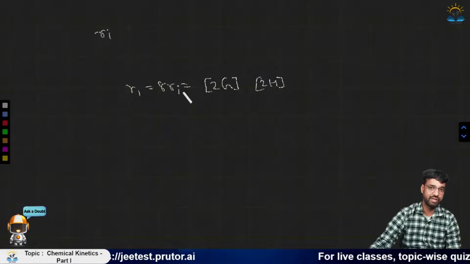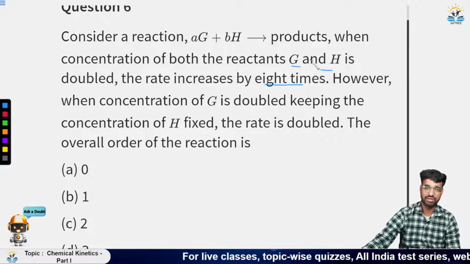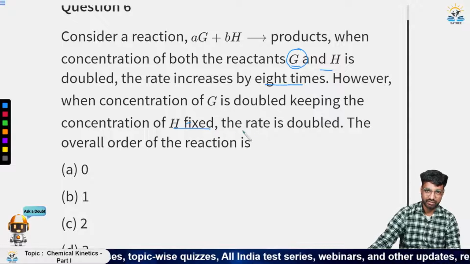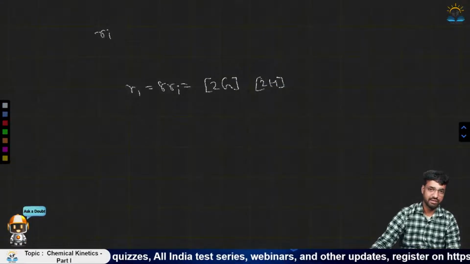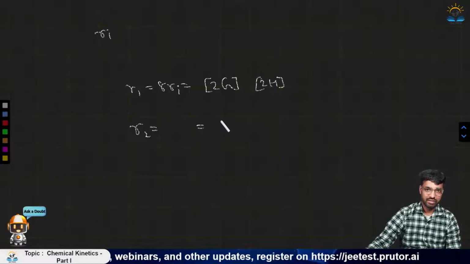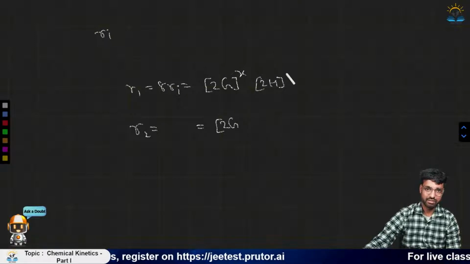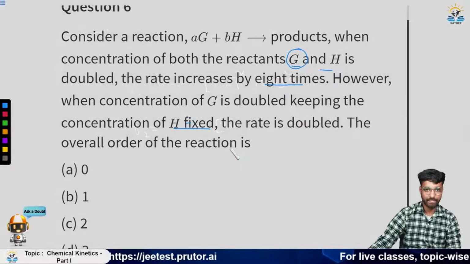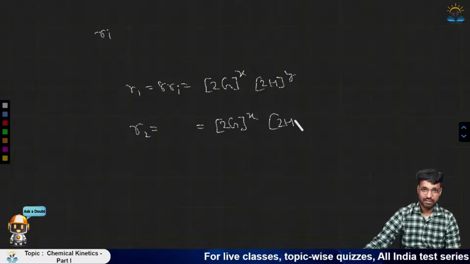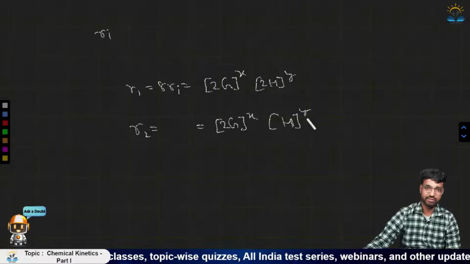Now what is the next statement that is given? It says that however when the concentration of G is doubled, by keeping the concentration of H fixed, the rate is doubled. So it is saying that suppose we take another condition in which we double the concentration of G, say this is X and this is Y, and Y is kept constant, no change in its concentration.